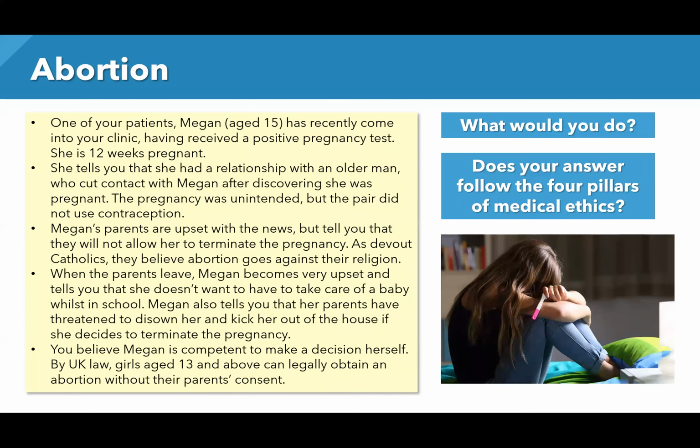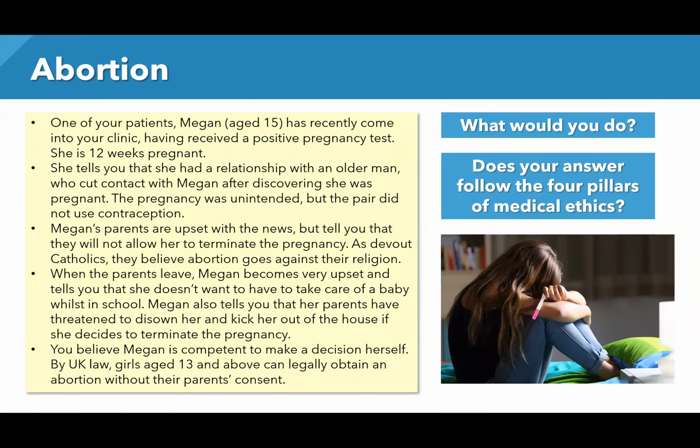So we've got another example here, which we're going to talk a little bit about with regards to abortion and whether or not you think it's ethical to allow the abortion to occur in this situation. So one of your patients, Megan, aged 15, has recently come into your clinic having received a positive pregnancy test. She is 12 weeks pregnant.